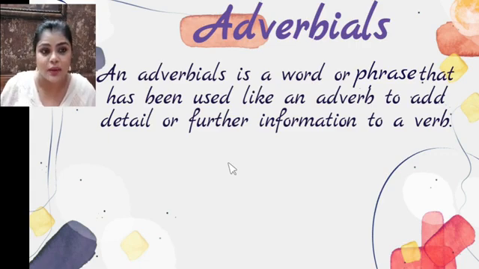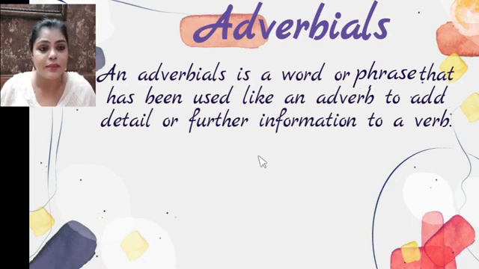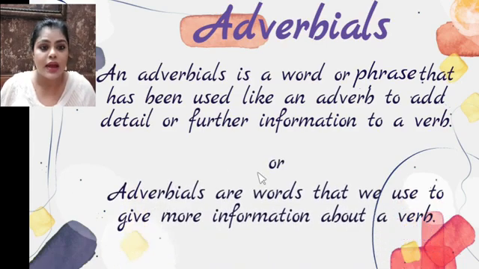Or we can say adverbials are words that we use to give more information about a verb. It can be information about how, when, where something is done. So they modify a verb. Modify means give more information, details of a verb.